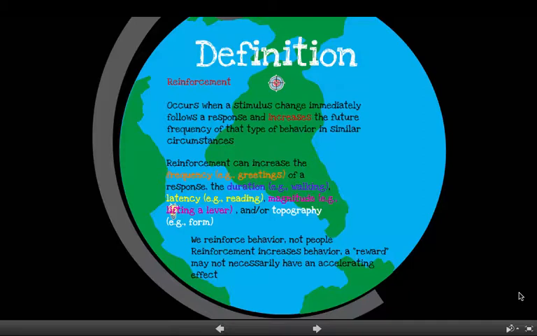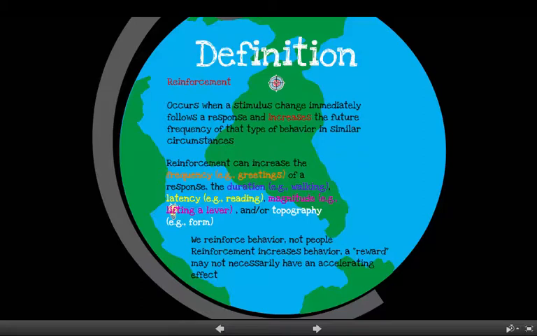Now, that word increases is in red, and it's in red for a reason, because we cannot call something a reinforcer unless it actually has an impact on behavior. So although we may arrange for some consequence for a person, we may even consider something to be a reward, if it does not increase behavior, then we do not call it a reinforcer.